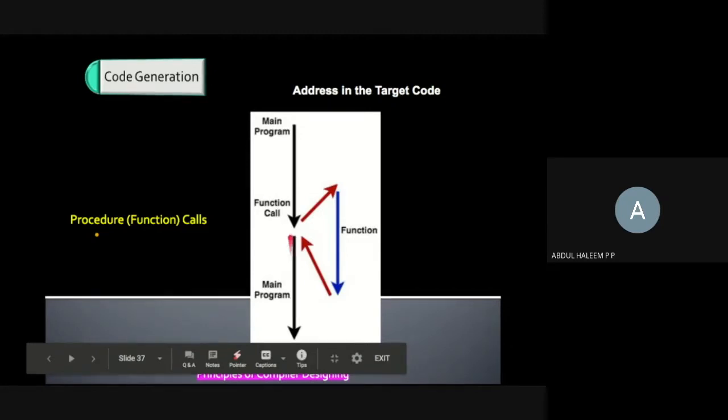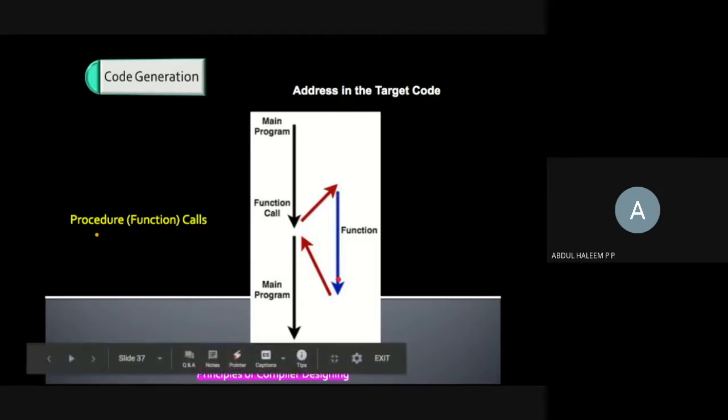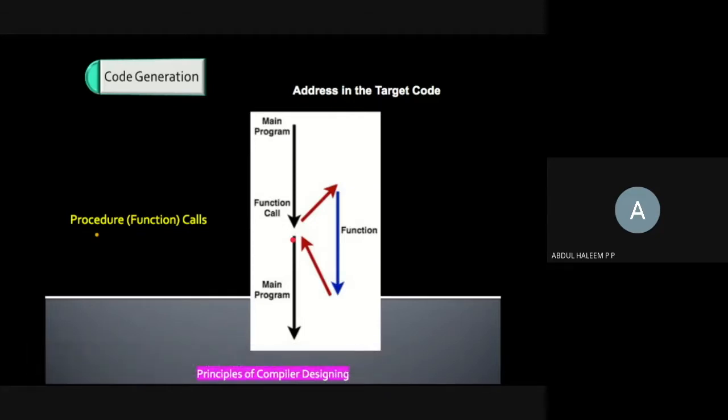So we can see that at this point, our program counter is getting loaded with a new value. After this function is executed, the address to go to is to be explicitly specified. Otherwise, the system will not know from where to resume. You got the point.